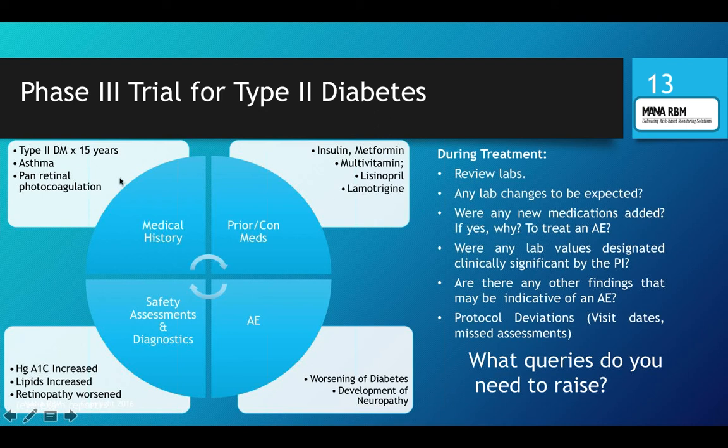So now you're looking at these meds, and you're looking at these. So this is as the study is going on, and you're looking at this medical history. So now there's asthma in there, and there's a pan-retinal photocoagulation. So this is a retinopathy, so this is a known complication, but remember, the subject actually didn't have this.